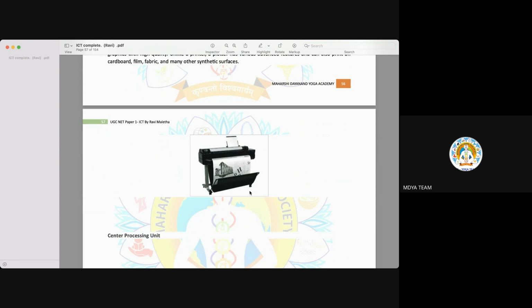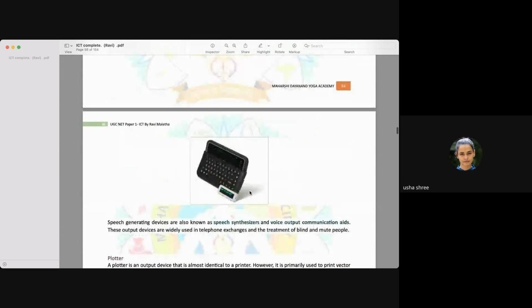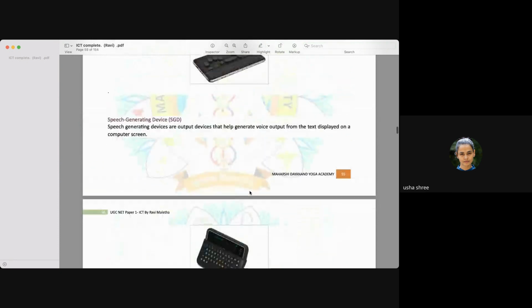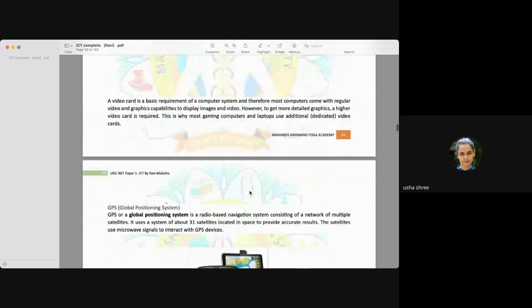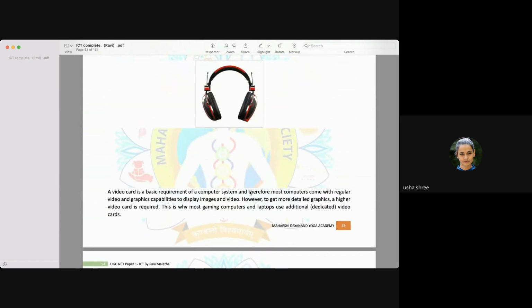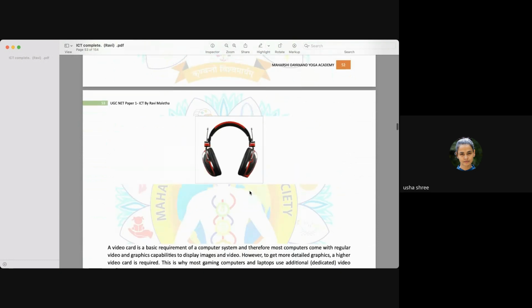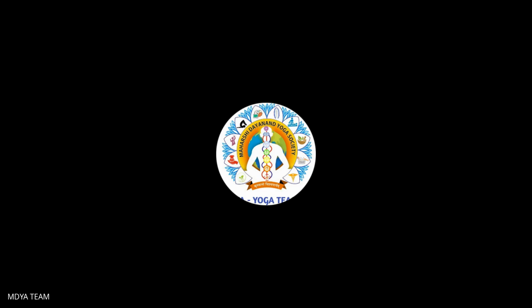I'll share it, no issues. Yeah, because if somebody misses a particular class, it's not very easy to make notes from the videos, ma'am, because the font is too small. It's not clear, and also making notes from the slides is easier than from the video. Okay, I'll share after completing some more topics.